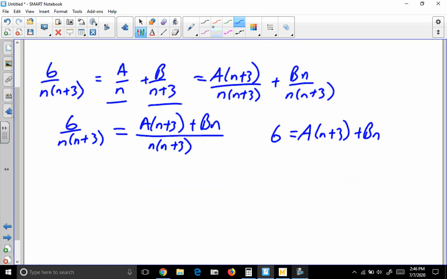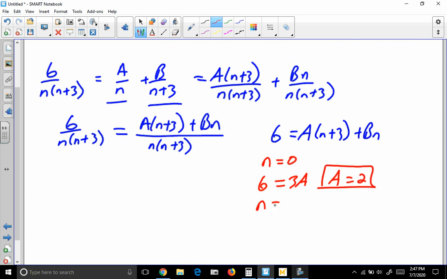Just like we did in the last chapter, we can pick very specific numbers for n in order to find a and b. For example, if we let n equal 0, then this term would be 0, so we would get 6 equals a times 3, so a is 2.